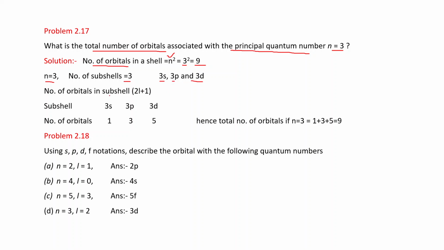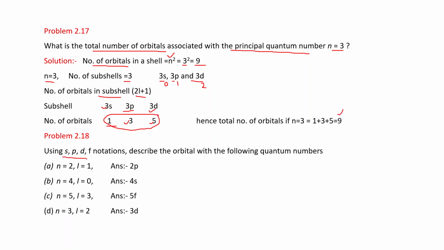The number of orbitals in a subshell is given by the formula 2l plus 1, and the value of l for s is 0, for p it is 1, and for d it is 2. If we put the values, we find 1 orbital in the 3s subshell, 3 orbitals in the 3p subshell, and 5 orbitals in the 3d subshell. If you add, you get the total number of orbitals for n equal to 3 as 9.